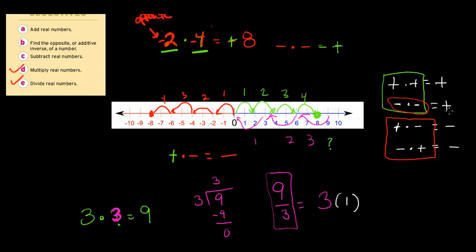A negative times a negative is a positive. Here I have an odd number of negatives. So if I'm multiplying a negative times a negative times a negative, well, that's an odd number of negatives. My answer will be negative. And here, if I'm multiplying a negative times a negative times a negative times a negative, well, that's an even number of negatives. And that kind of follows these rules up here. So that answer will be a positive.